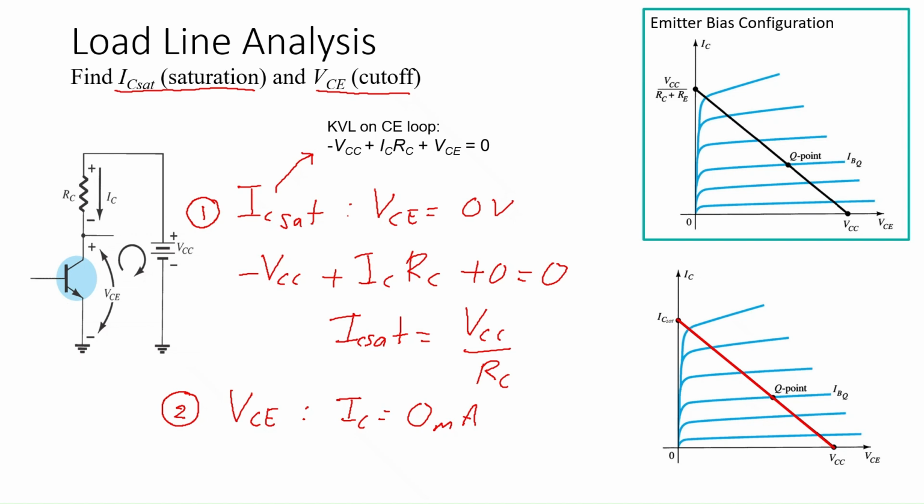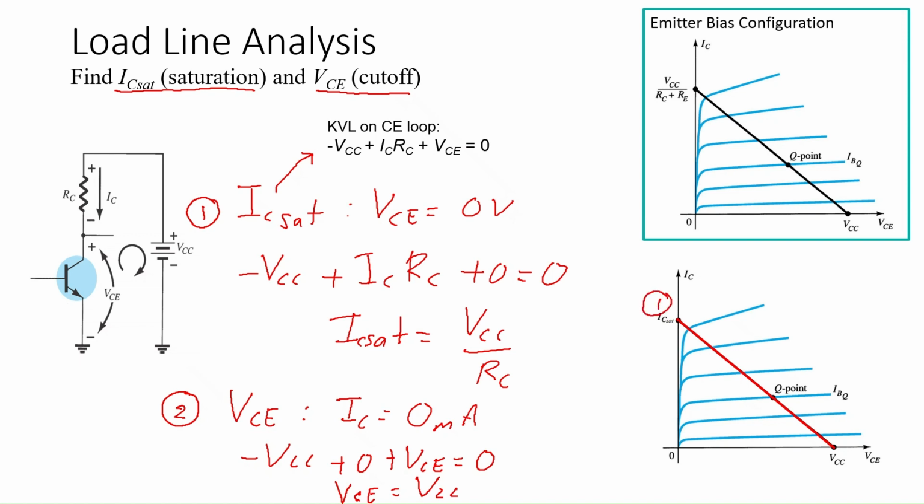If you substitute the value into the KVL, you will find VCC plus 0 plus VCE equal to 0. So you will find VCE equals VCC.